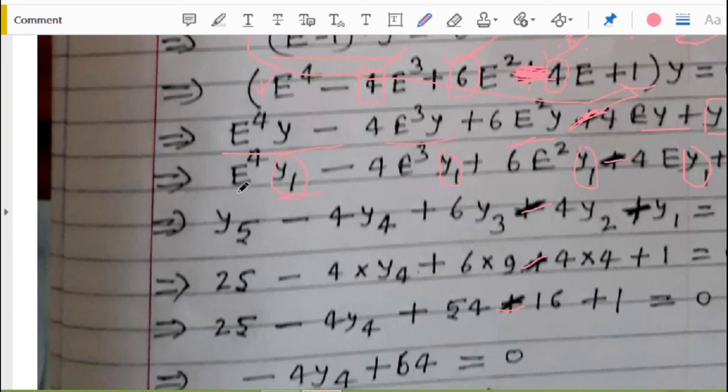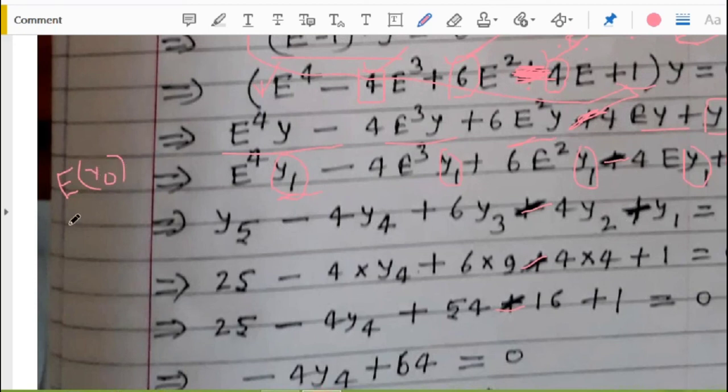So if you shift operator, you remember the concept of this shift operator was what? The shift operator was E, and while discussing the shift operator, there was no y1, rather we had y naught.